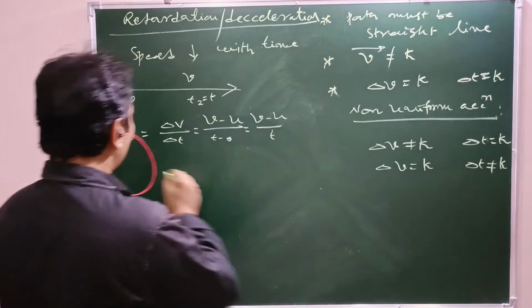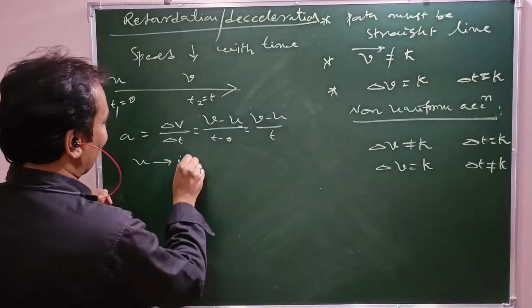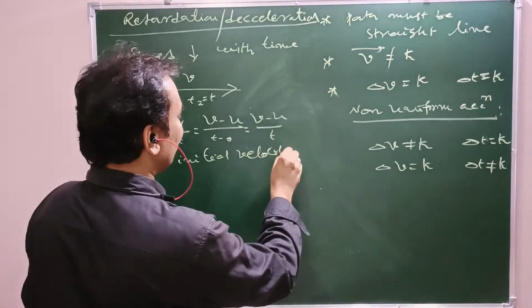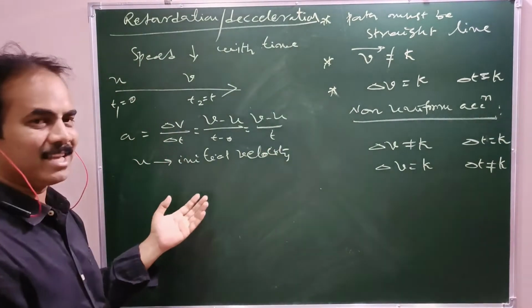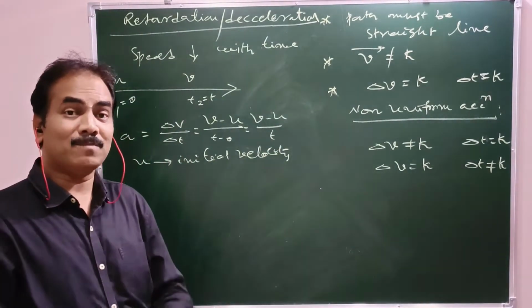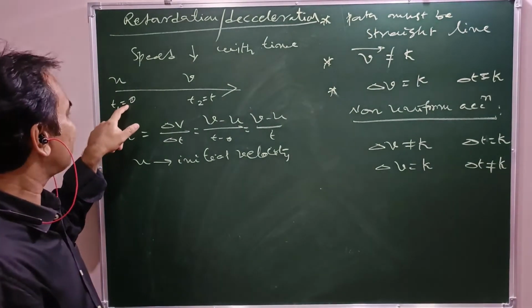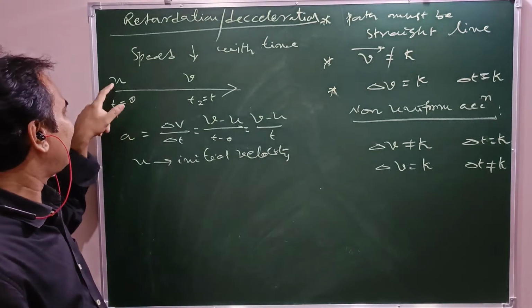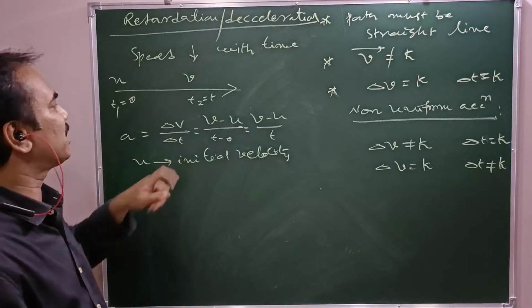Here, U means what? Initial velocity. Am I right? Usually, initial velocity means the velocity of the particle when our observation starts. This is the initial instant at which our observation starts. So at that time, what is the velocity U? That becomes the initial velocity.